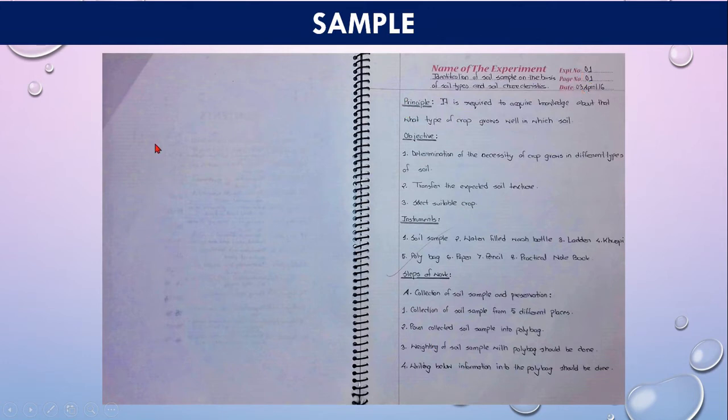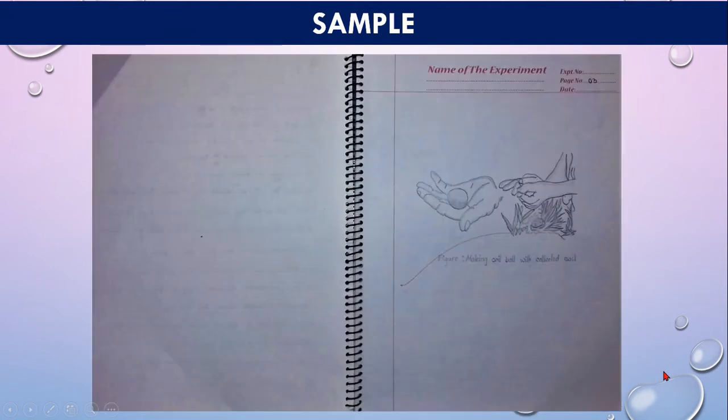I'm telling you again, do not write anything on the left hand side. Next, here is another page where you can find the drawn picture. When you draw the picture, again you have to draw it on the right hand side page with margin. Do not write anything on the left. So this is how you will start your practical copy.